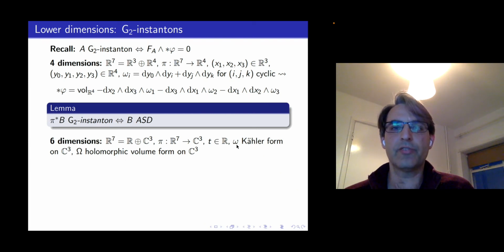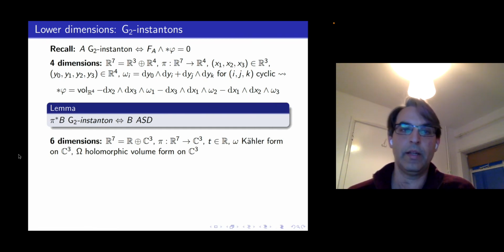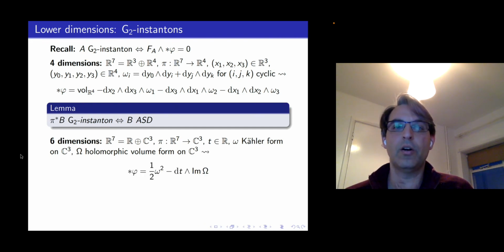So these are the standard structures when you think of C3 as a Calabi-Yau threefold. Then you can ask, suppose I have a connection on C3, if I pull it back, when is it going to be a G2 instanton? And so for that, we need a formula for the 4-form again, and here it is.